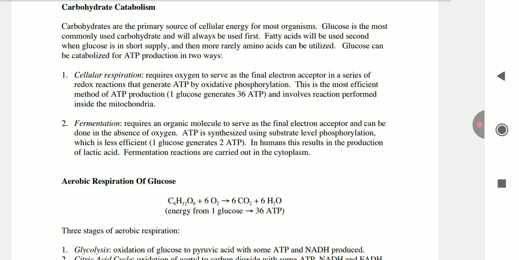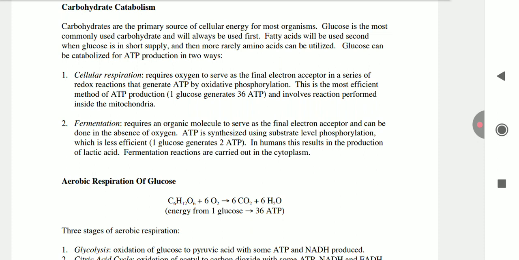Second, fermentation requires an organic molecule to serve as a final electron receptor and can be done in the absence of oxygen. ATP is synthesized using substrate level phosphorylation, which is less efficient. One glucose generates 2 ATP. In humans, this results in the production of lactic acid. Fermentation reactions are carried out in the cytoplasm.